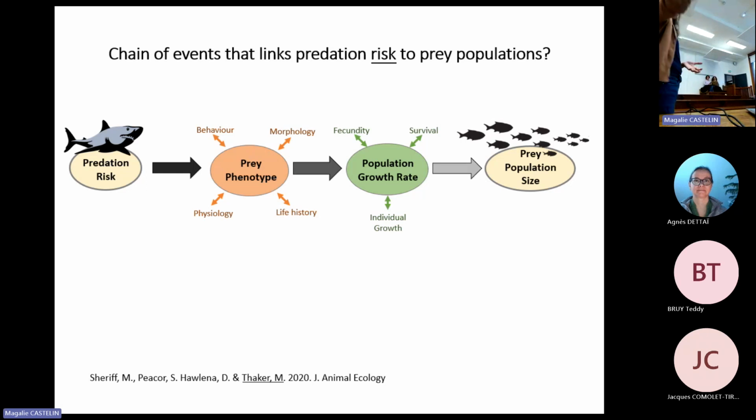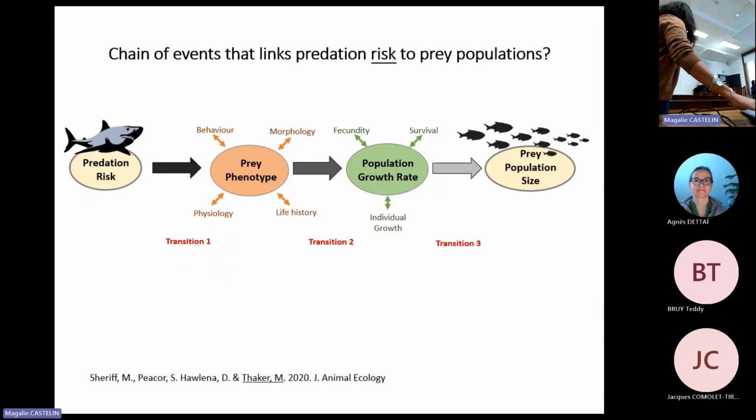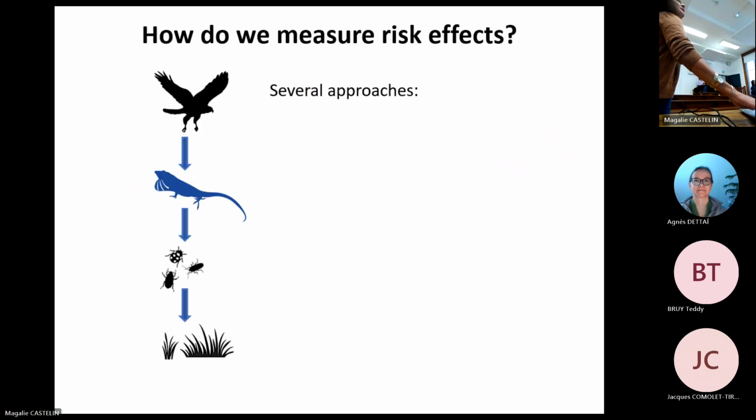Those fitness metrics finally result in a population size change. So being explicit about this chain of events allows us to see when it works and when it doesn't, or when it breaks. Now, each of these arrows is a transition, and towards the end of my talk, I'll come back to each of these transitions, but this is the framework we want to work with.